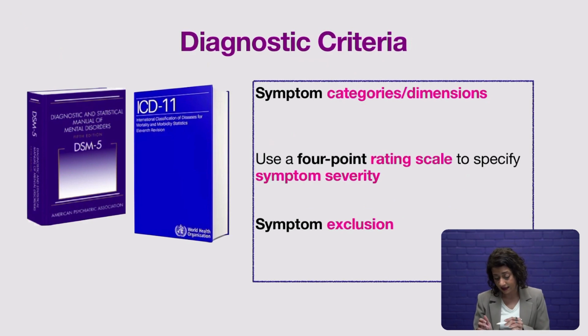The ICD-11 is essentially the 11th version of this manual, and it's published by the World Health Organization. It covers all sorts of diseases and disorders, including mental illness or psychological disorders. For your purposes within the Cambridge syllabus, you are going to be using the ICD throughout for all of your different psychological disorders that you're going to study.